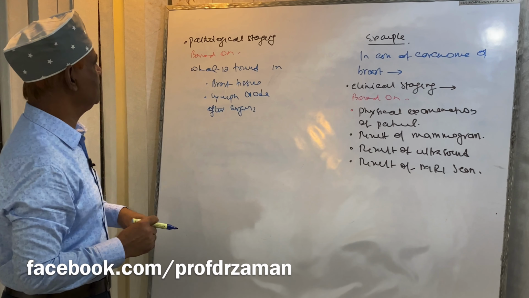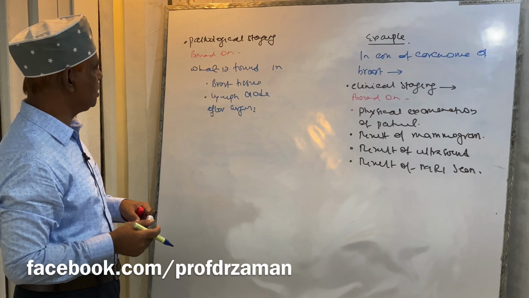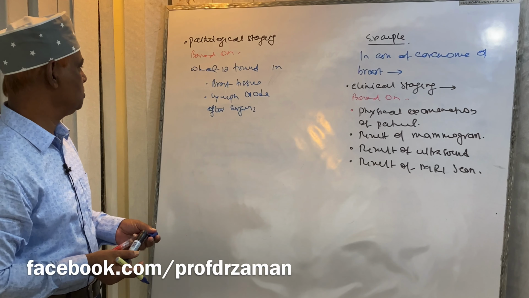So, this is pathological staging, that is based on what is found in breast tissue, what is found in lymph node after surgery. So, this is clinical staging and pathological staging.